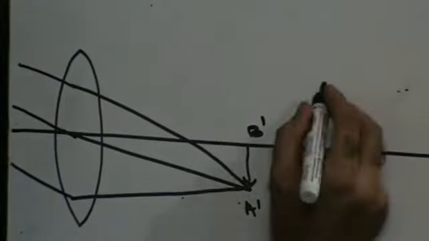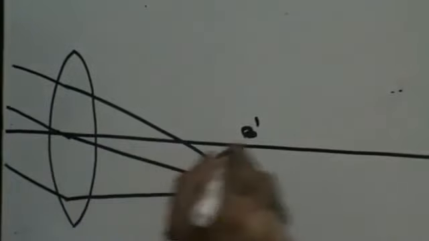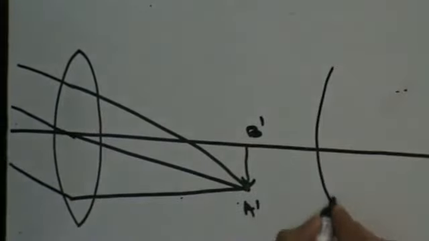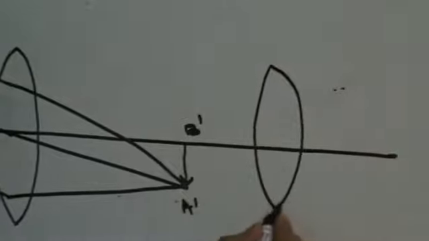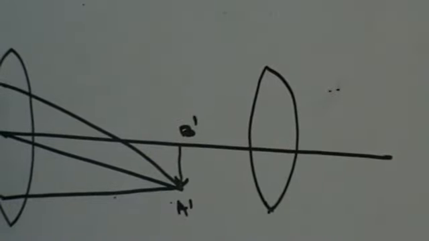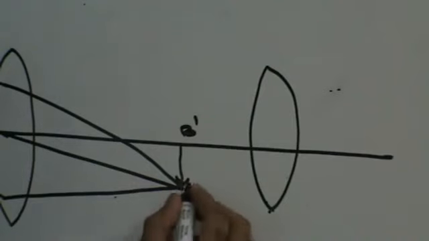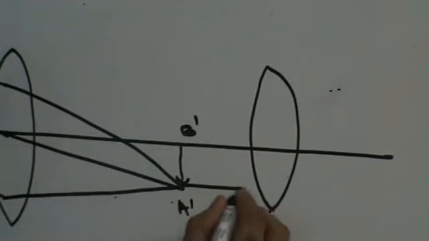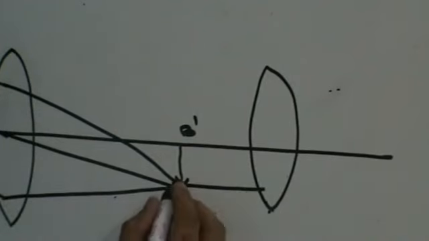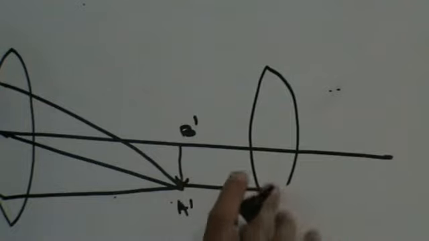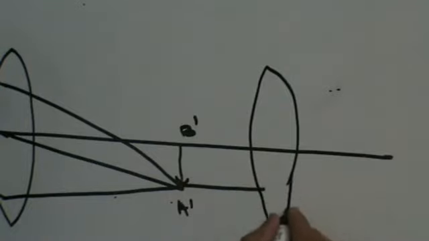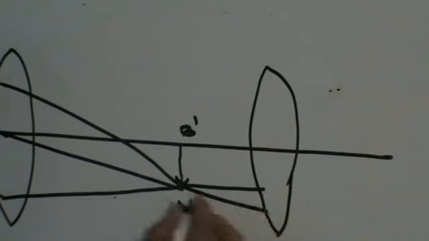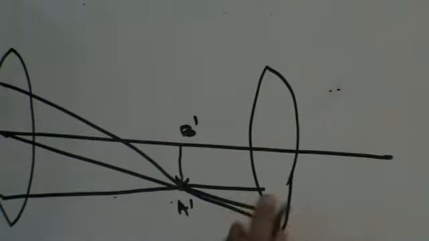Then you have another lens that is placed here. This is my eyepiece. So you would have rays moving straight. You would have three different rays, and the object is at infinity.